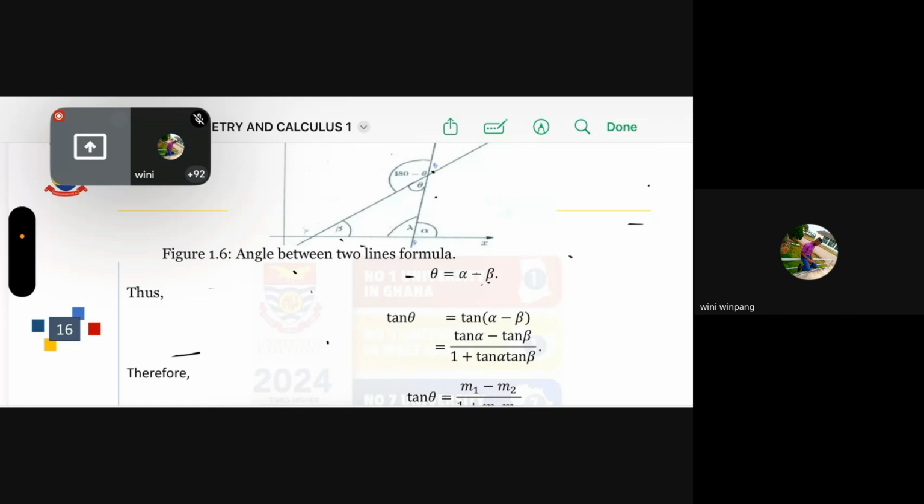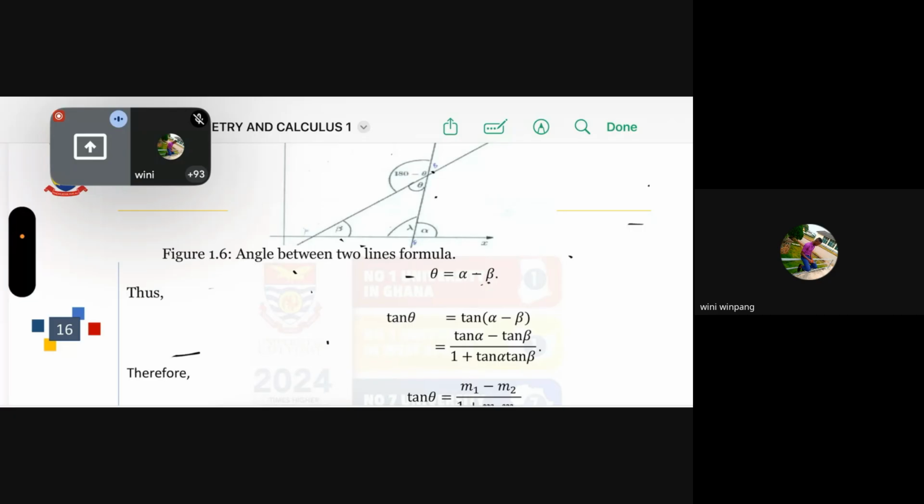But we know from double angle, compound angles, the expression for tan A minus tan B. Tan of (A minus B) is tan A minus tan B divided by 1 plus tan A tan B. So here I have tan (alpha minus beta), which is equal to tan alpha minus tan beta divided by 1 plus tan alpha tan beta.